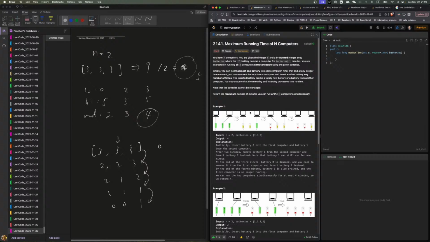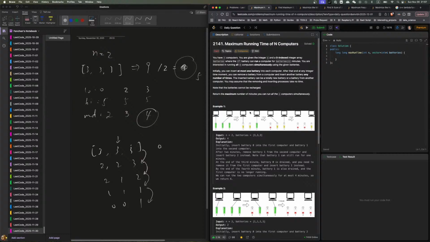So all we need to do is check if we can run n computers simultaneously. So like at every moment in time, we have at least n batteries that have power. So let's say we have n batteries that have power.